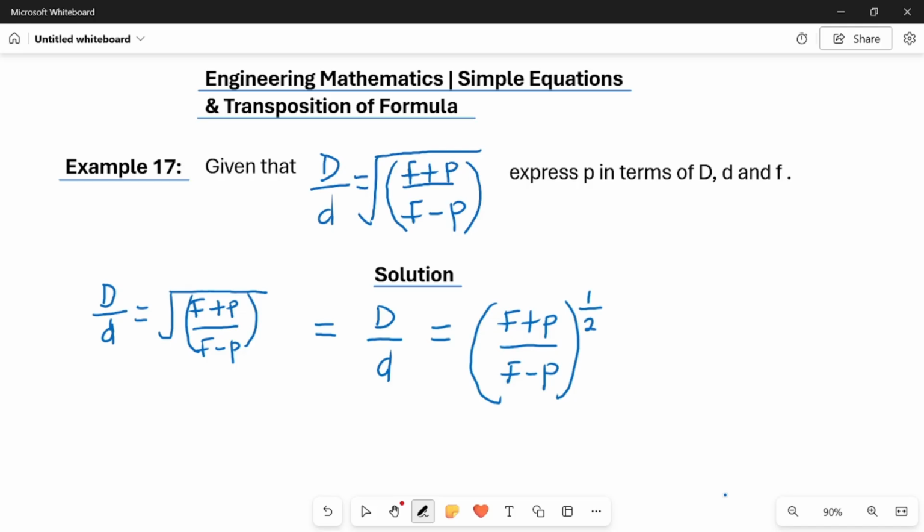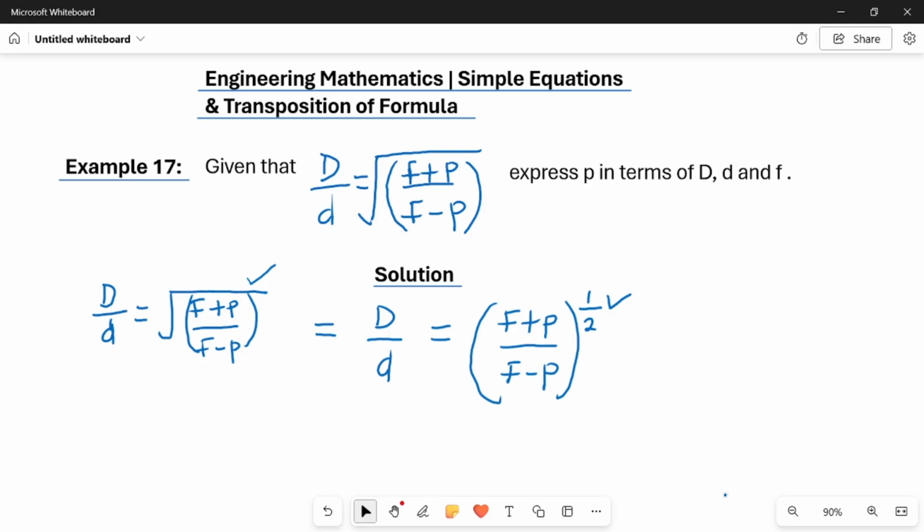So these are fractional indices from the laws of indices. We have previous videos that will explain better. You can go and watch them from our engineering mathematics playlist. So the square root sign here has changed to this.